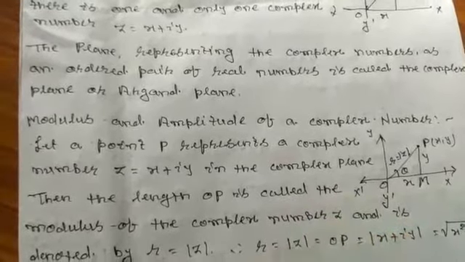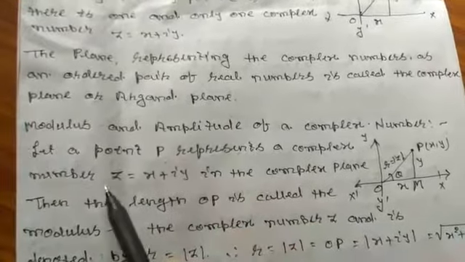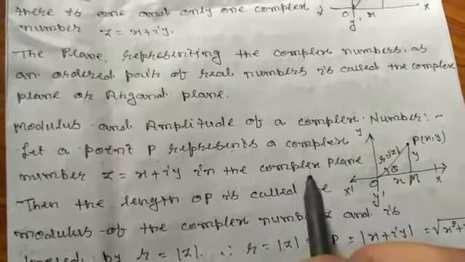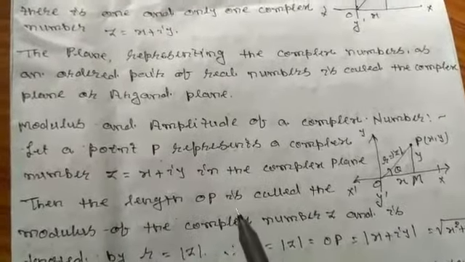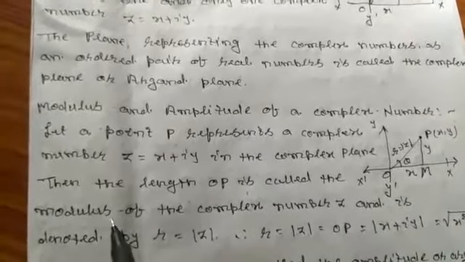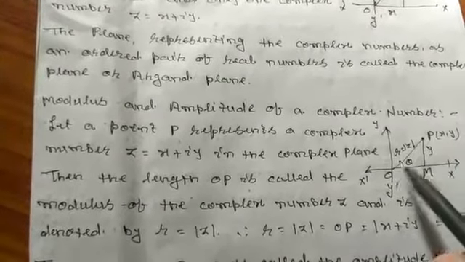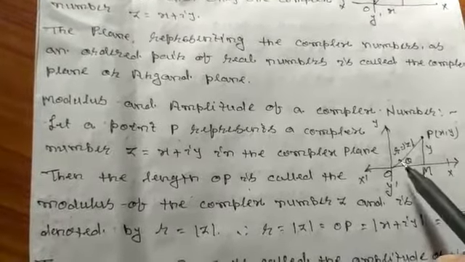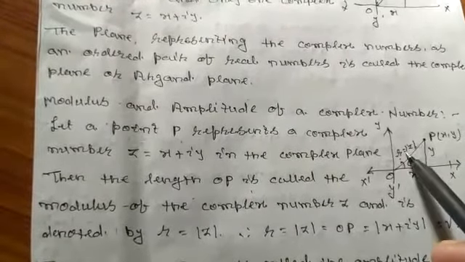So let a point P represent a complex number z equals x plus iy in the complex plane or Argand plane. Then the length OP is called the modulus of the complex number z. The distance OP is called the modulus of the complex number z, and it is denoted by r, which is equal to mod z.